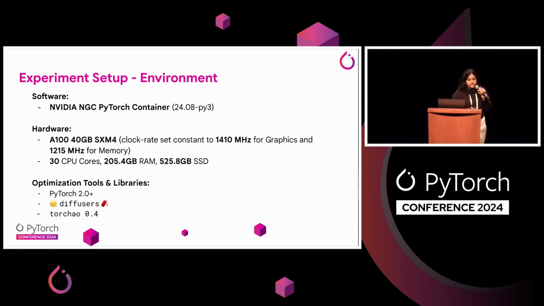This was along with 30 CPU cores, 525 gigs of SSD, and 205 gigs of RAM. As for the libraries and tools that we used, PyTorch 2.0+, more specifically PyTorch 2.4, the diffusers library, the most stable version that's available, and Torch AO 0.4.